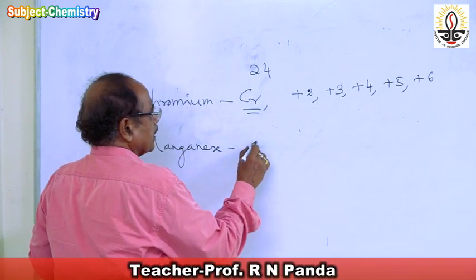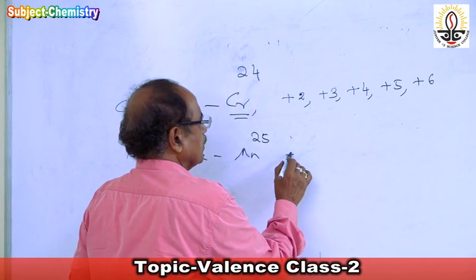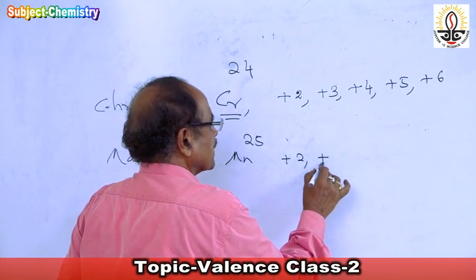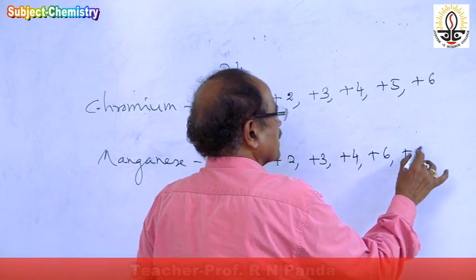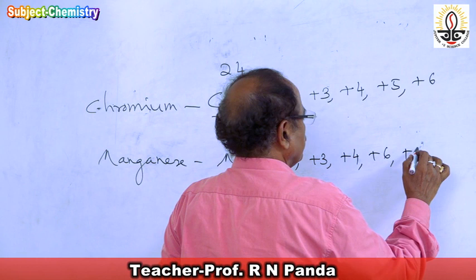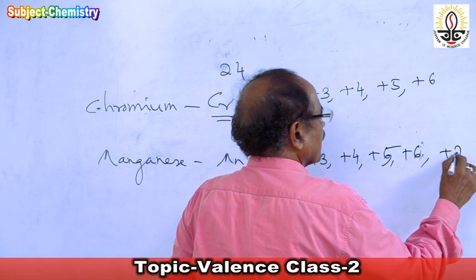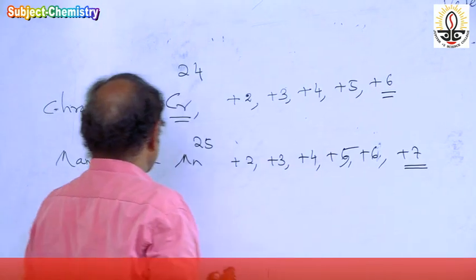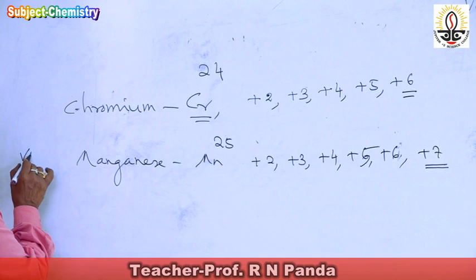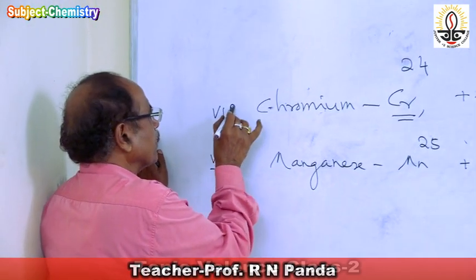Manganese, Mn, atomic number 25, exhibits plus 1 through plus 7. Here the highest is 7, because manganese is in 7B of the periodic table, and chromium is in 6B.